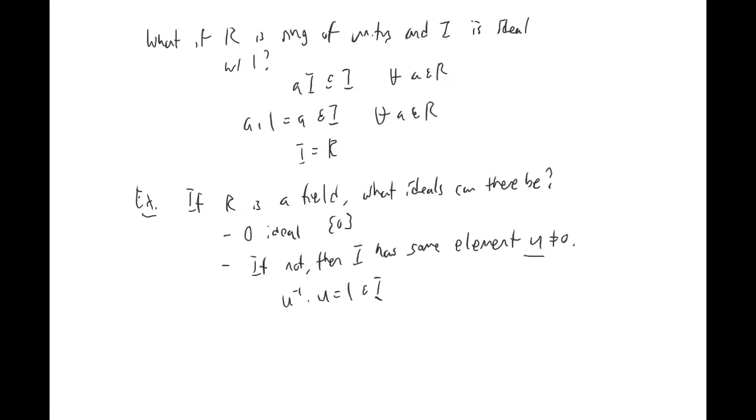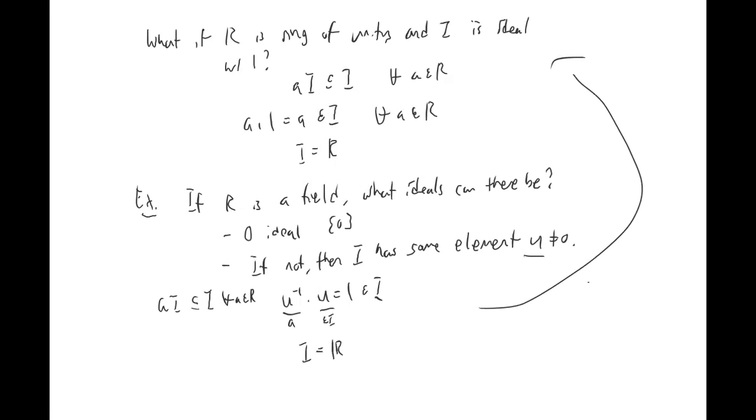So I'm taking, again, AI must be in I for all A in R. So I'm taking u inverse as my A and u as my element in I. But then if 1 is in there, I must be just the whole ring. So you see, for fields, ideals are not very interesting, right?